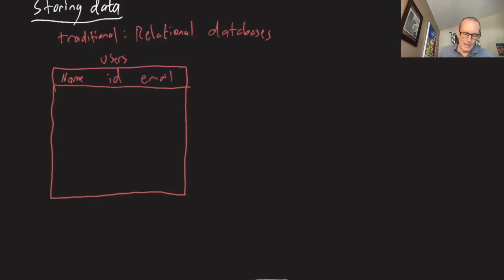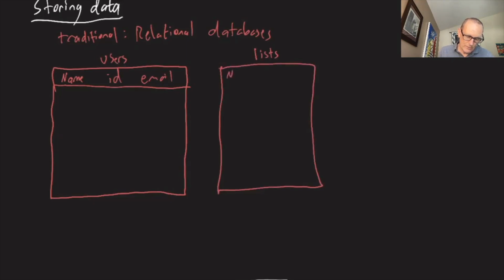Then we could have a separate table, which is the lists. Let's say each user can have a list. So we'd have another table, and in here we would have name, which would be the name of the list, and the ID, which would be the ID of the list.